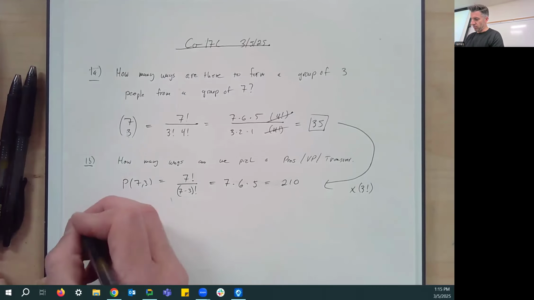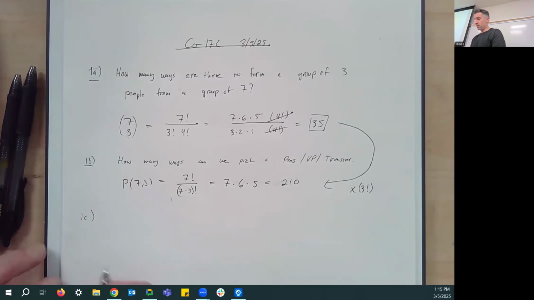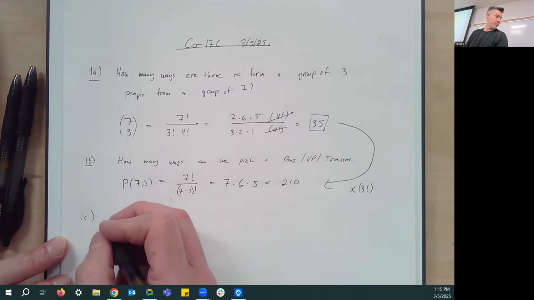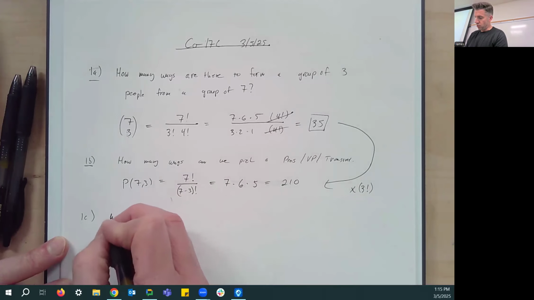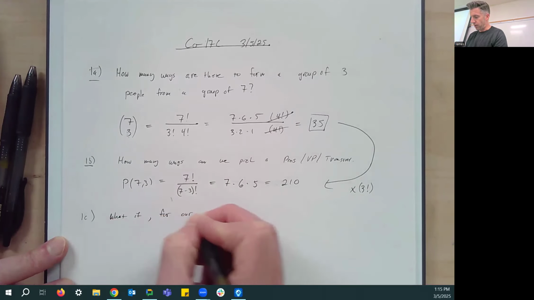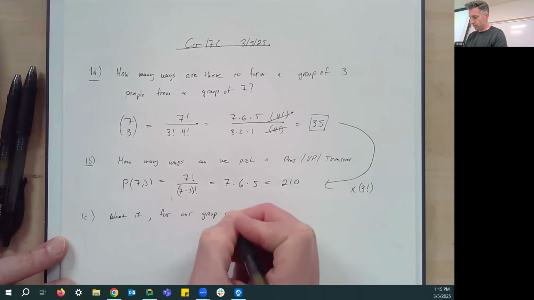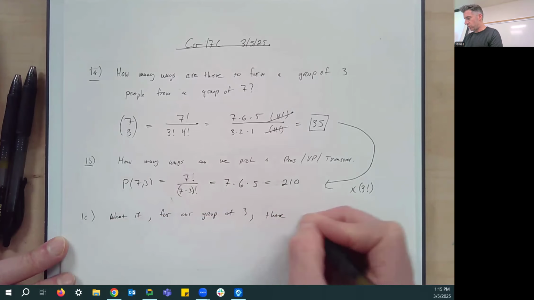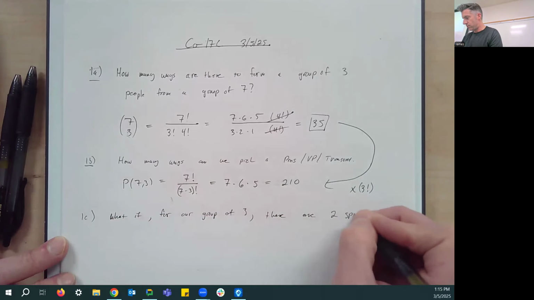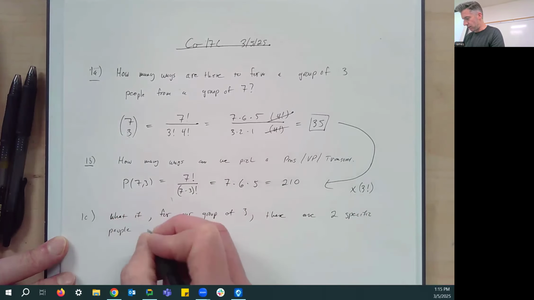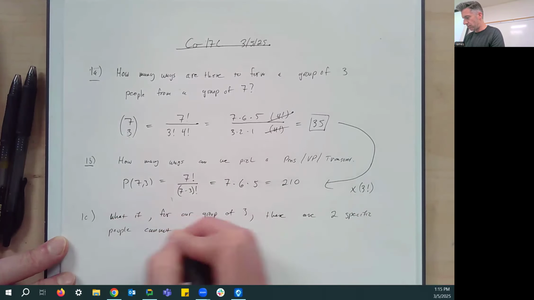A more interesting question, maybe, back to the committee or the group of 3 people. What if for our group of 3 people, there are 2 specific people that cannot be in the same group, that cannot be in the group together.